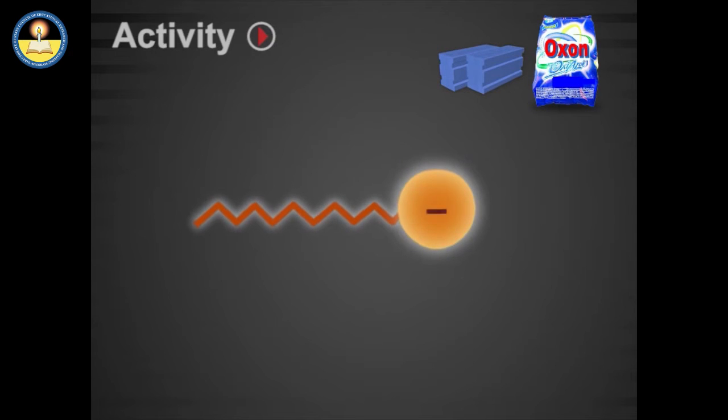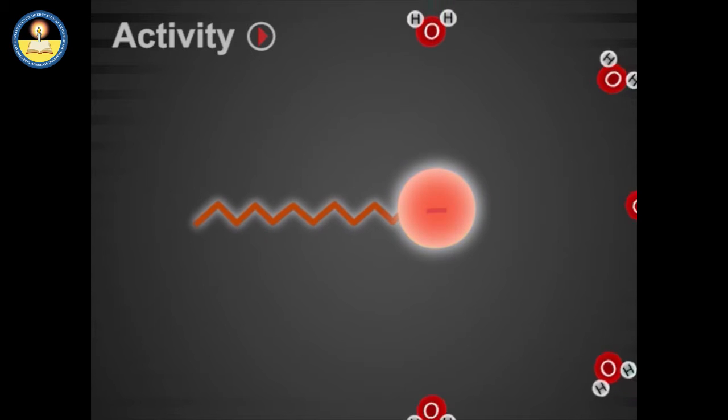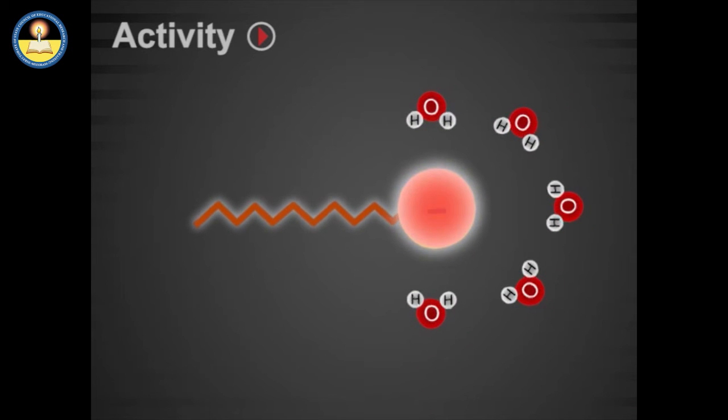One end of the molecule bears a negative charge and is called the polar head. It is the polar head that interacts with the water molecule. The other end is non-polar and does not interact with water.